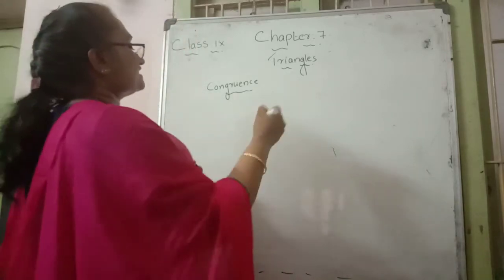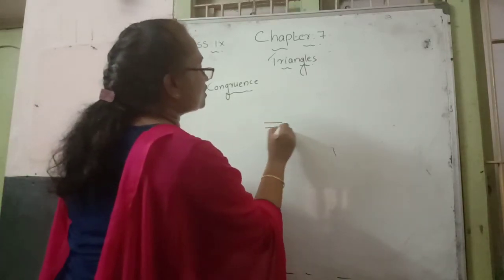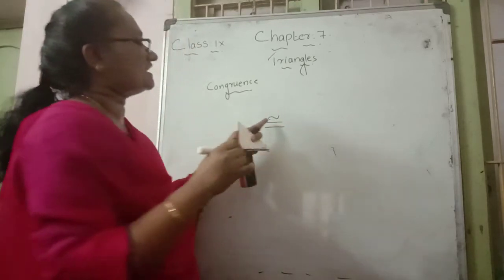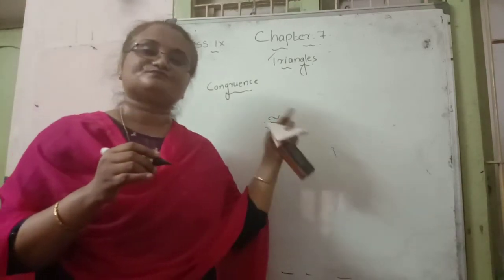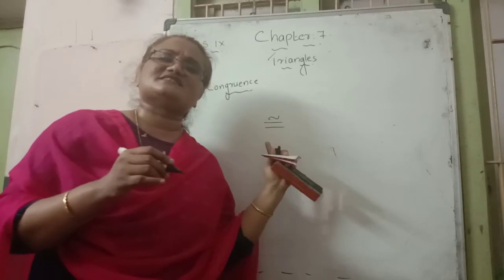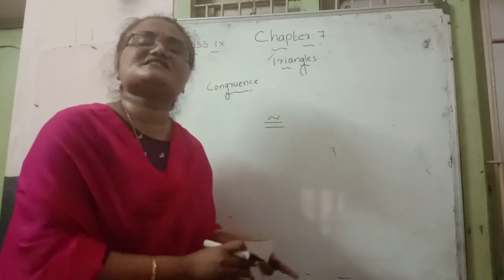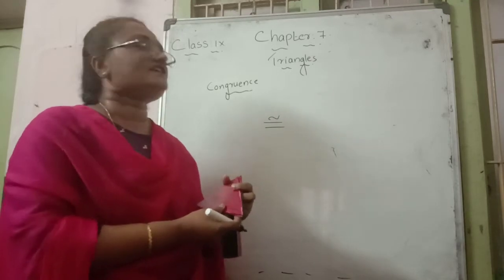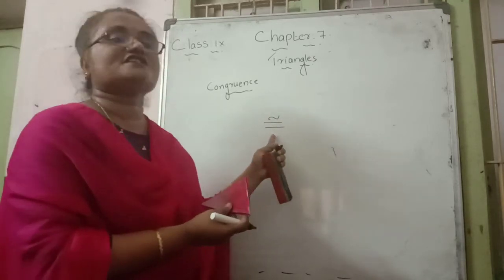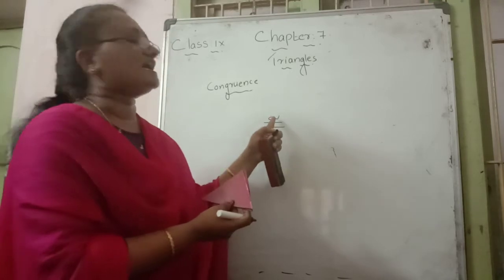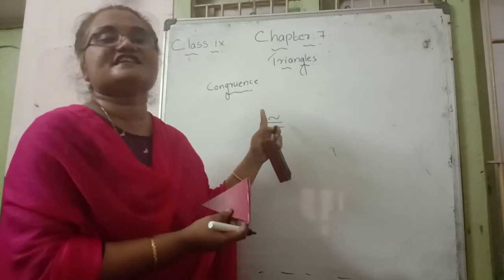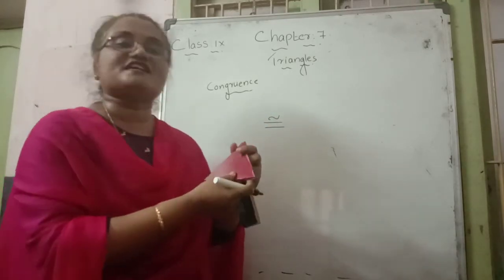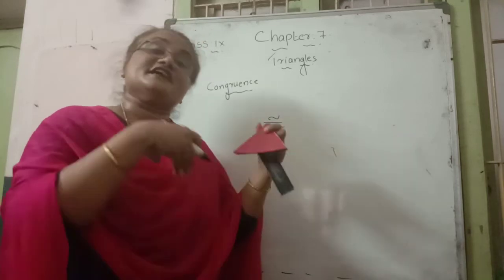The congruence symbol is represented as two equal lines with a tilde. Anywhere you see this symbol, remember it represents the congruency of a triangle. What is the meaning of congruency? Any type.